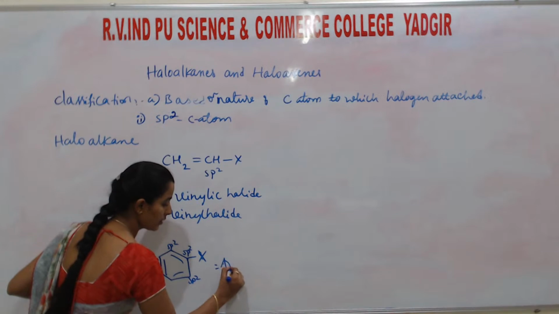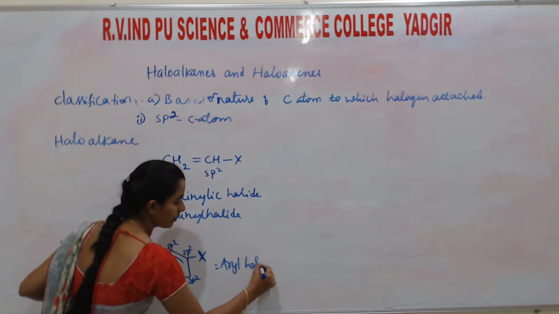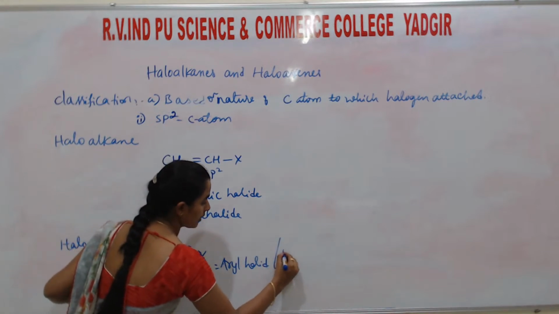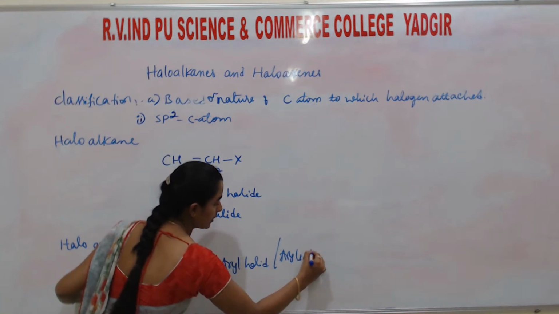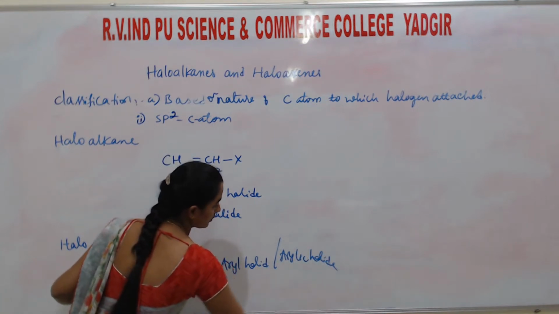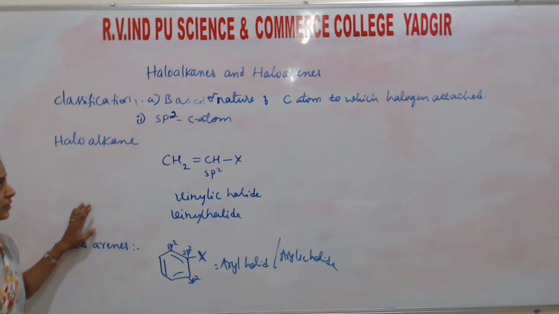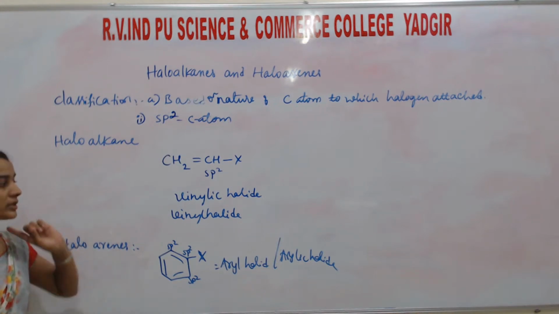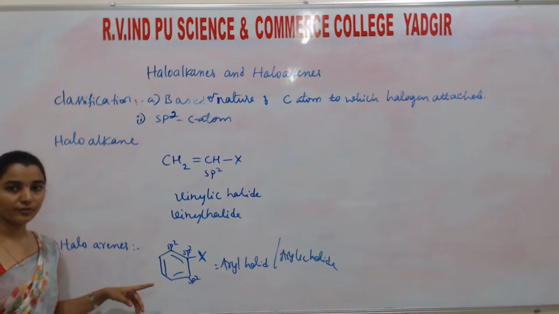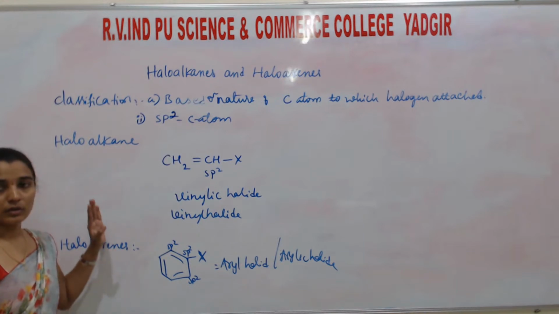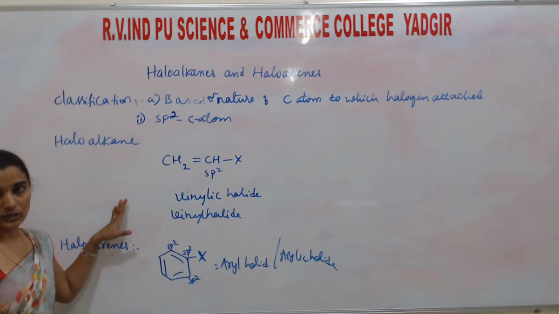Then this is aryl halide. Understand? So this is the classification of haloalkanes and haloarenes based on nature of carbon atom. Total 7 types of classifications.